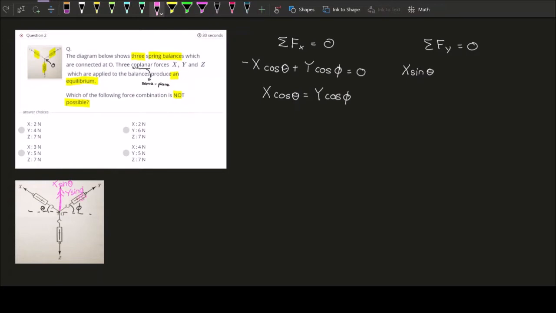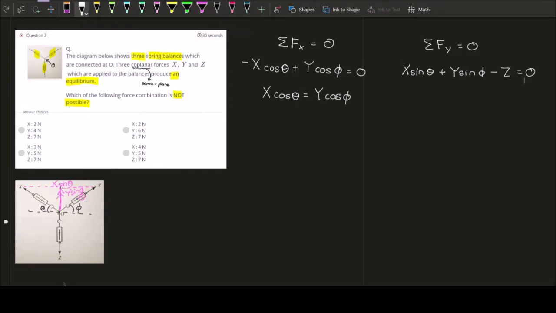You resolve the force, so both of them will have forces pointing upwards. Okay, so plus y sine phi minus z equals to 0. So x sine theta pointing upwards, y sine phi pointing upwards. So we treat the upward as positive for this case, minus the downward.